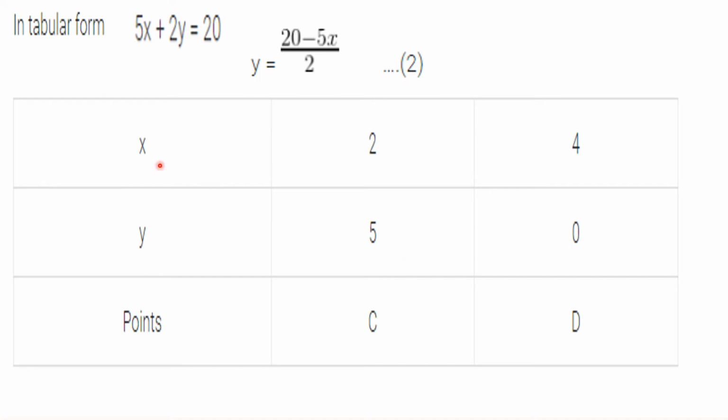Again, if we take x equals 4 and put it in equation number 2, y equals (20 minus 5x) upon 2, on solving we get y equals 0.